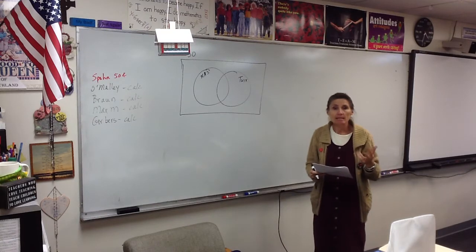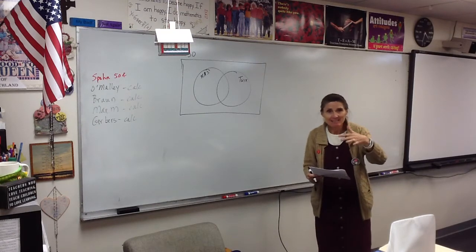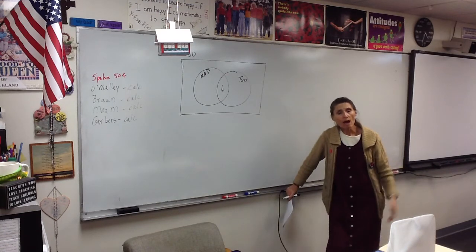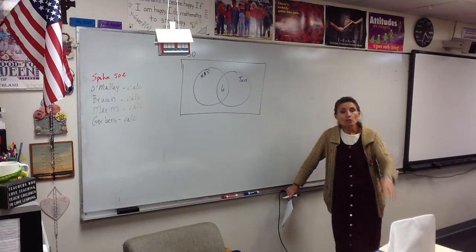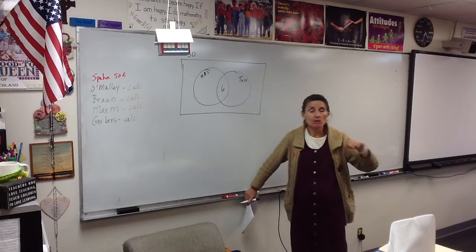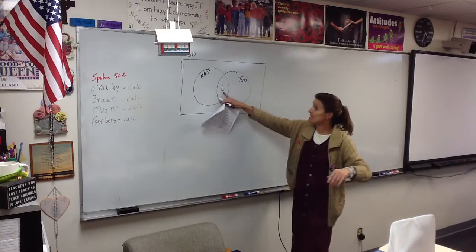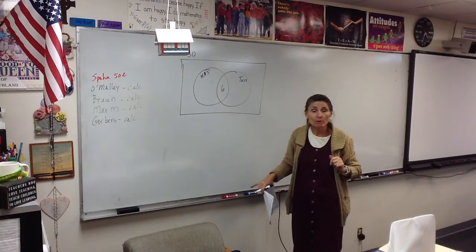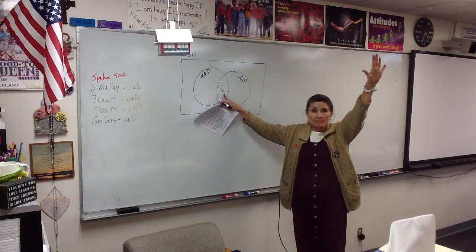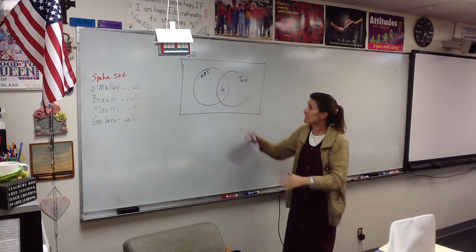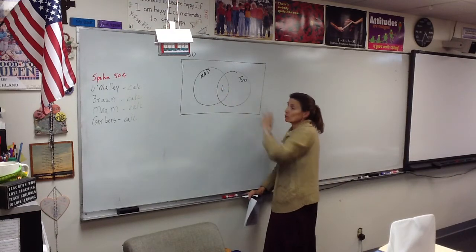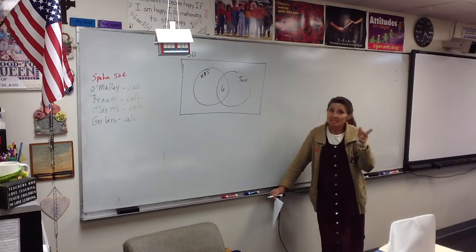And apparently, there were 6 kids, these 6 right here, who what? Liked both. So when the teacher said to the class, who likes M&Ms? These guys raised their hands. And when the teacher said who likes Twix, they also raised their hands. These kids are in the overlap of the M&M circle and the Twix circle. That means they like both.